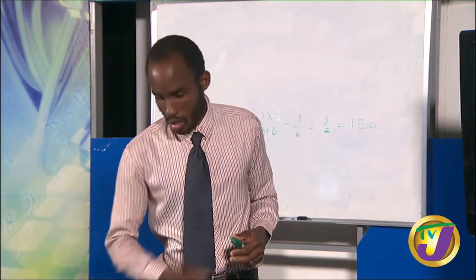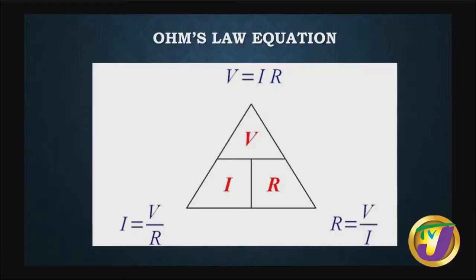All right? Now, as it relates to the equation for Ohm's law, remember last week when we were looking at the different equations that are involved in electrical quantities, we encountered the magic triangle.